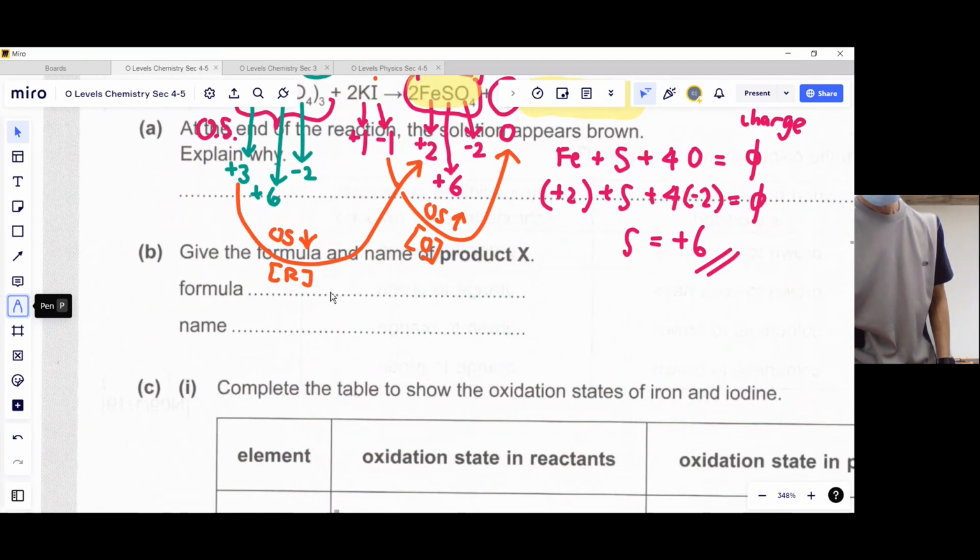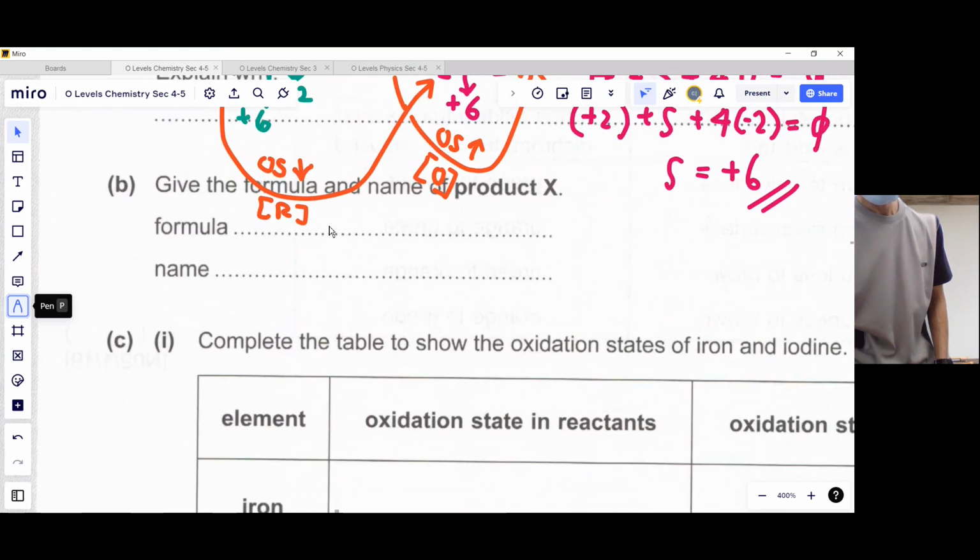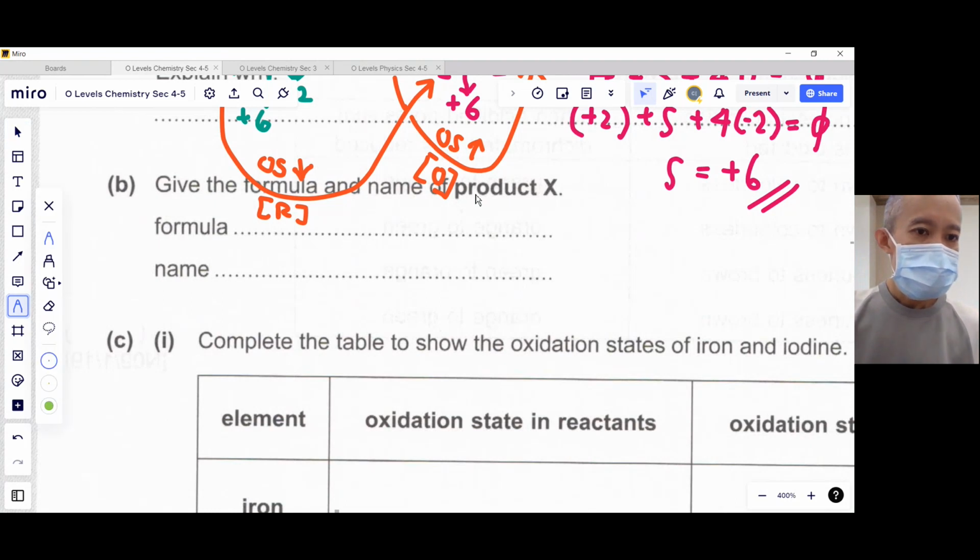Okay, guys, part B, I really hope everyone gets it. Part B. Alicia, do you get the answer for part B? Guys, it's potassium sulfate. I hope you notice.